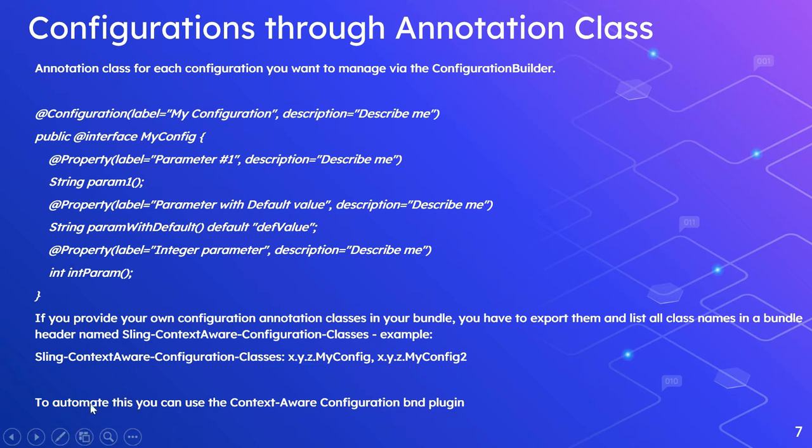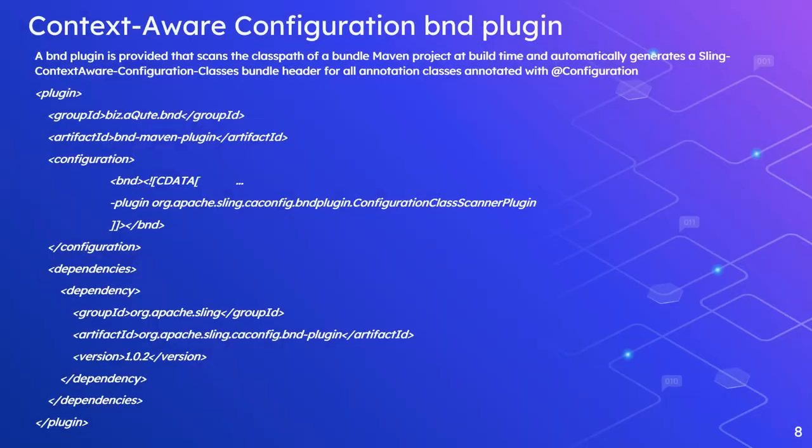The other option is you can automate using the context aware configuration BND plugin. I am only showing the BND plugin, but a Maven plugin is also available. In the latest project use this plugin, so I restricted to that. Now, how to do that? You need to add this plugin.